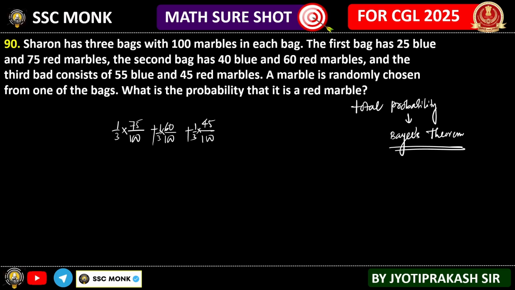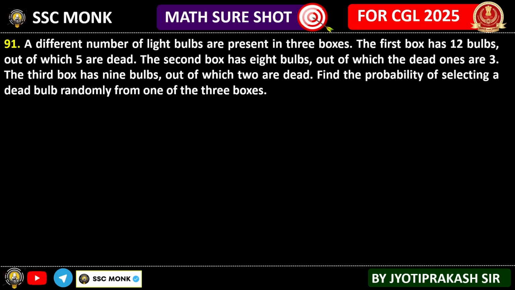Now see, 1 by 3 taken as common. This can be written as 3 by 4, this can be written as 2 by 5, plus this can be written as 9 by 20. Okay. Now from that we can find the answer. Clear?